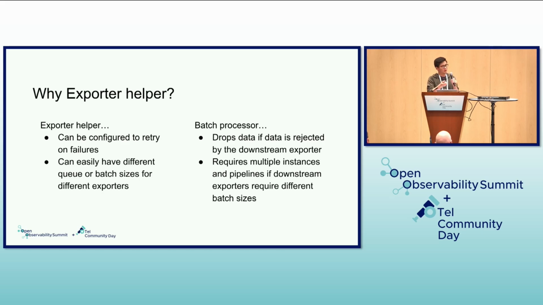Another common use case is that different vendor backends may have different requirements on batch sizes or byte sizes. If you use the batch processor, you will have to define multiple instances of batch processors to meet the requirements for different exporters. But with exporter helper, you can easily define it just within the exporter configs.